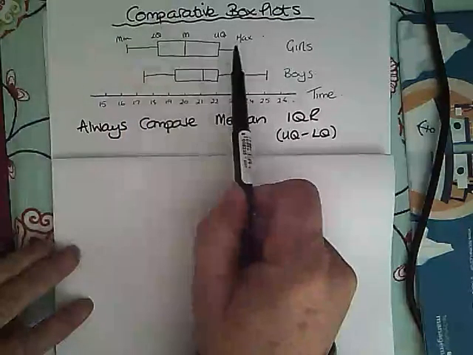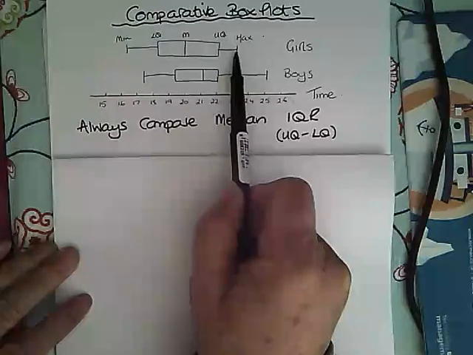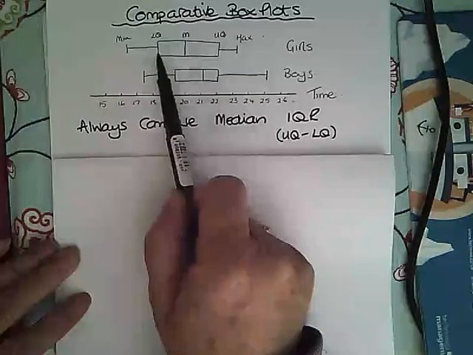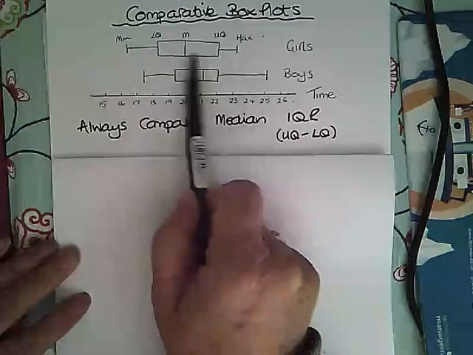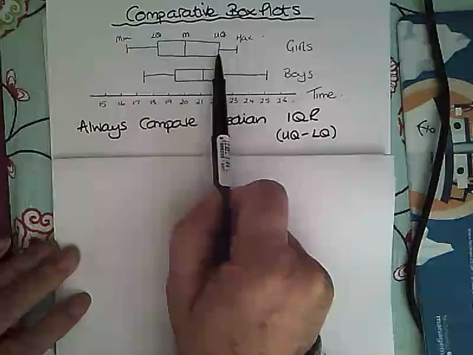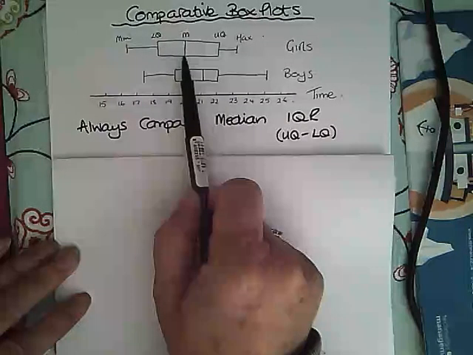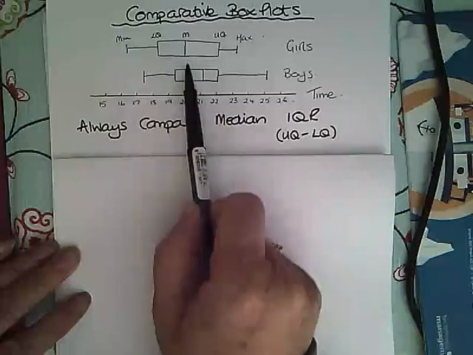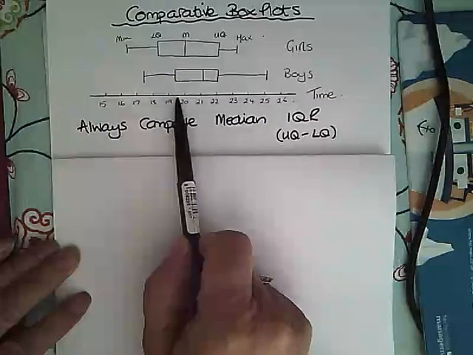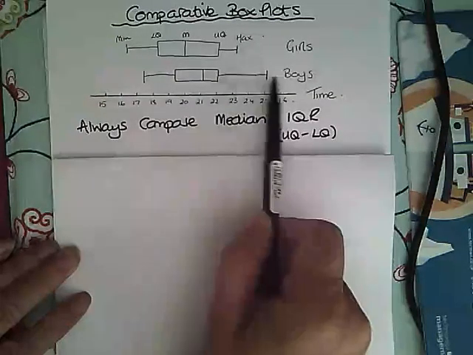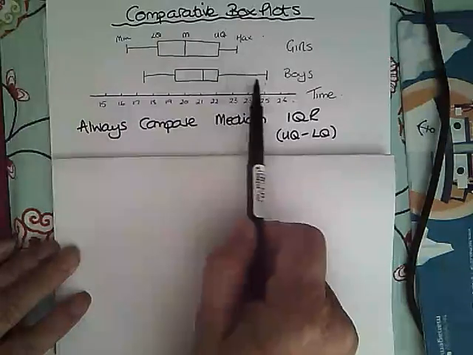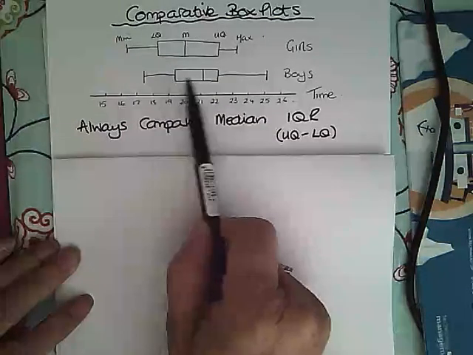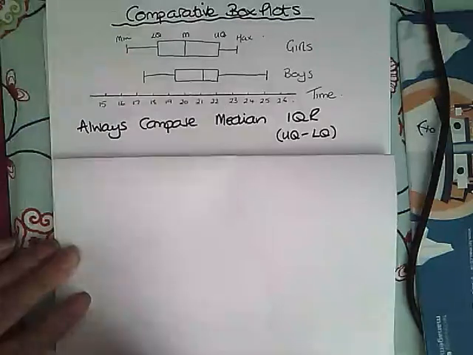We have the maximum value here, which is the end of the whisker. The ends of the box are constrained by the lower quartile and the upper quartile, and the median is the line that is drawn in the position of the median within the box. And it's the same for the boys. They've got their minimum value, their maximum value, lower quartile, median and upper quartile.